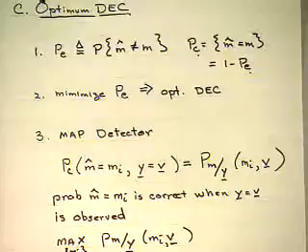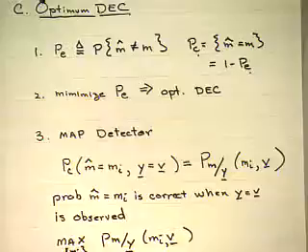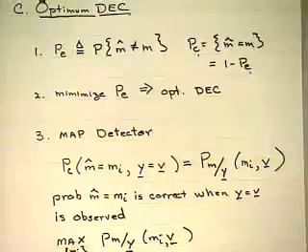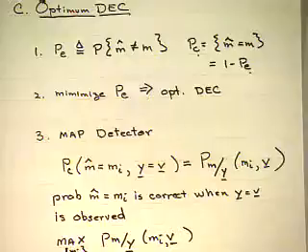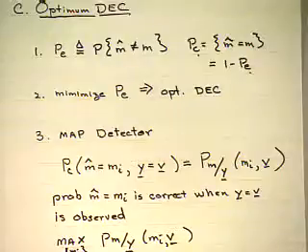In other words, I'm going to choose that input message that maximizes this function for a given observed value at the channel output. Now, it may be for different channel outputs that different inputs maximize this function. But if I always choose the input that is most likely given that channel output, I will have maximized the probability of being correct, and in turn, I'll have minimized the probability of error.